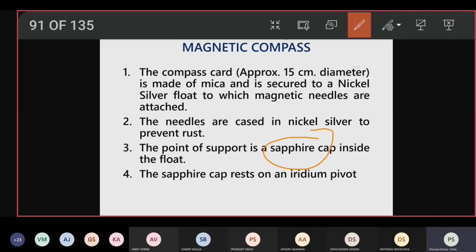Over the period of use, the chances of it getting damaged because of friction are less. So the sapphire cap is there, and that cap is resting on a pivot, which is an iridium pivot, all to ensure the long-lasting property of the compass. All these things increase longevity. Such materials have been used so that it serves at least for the life of the ship.